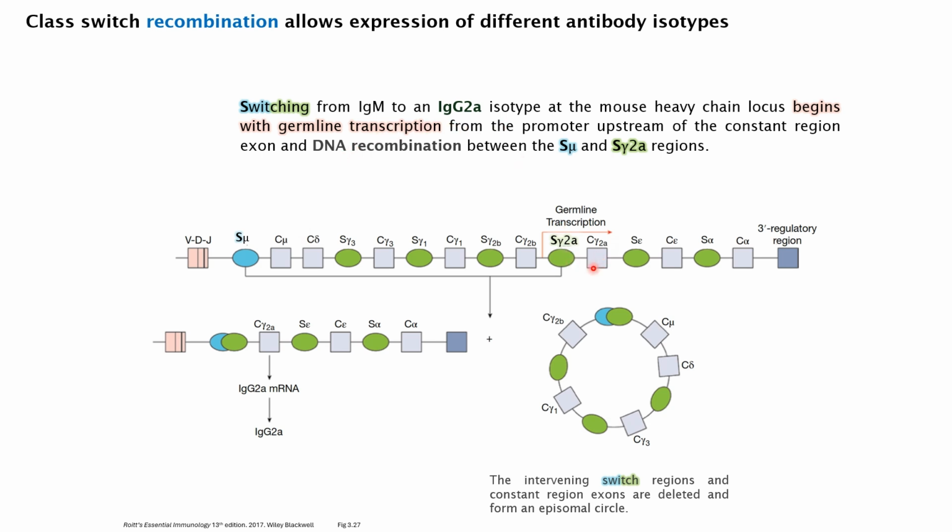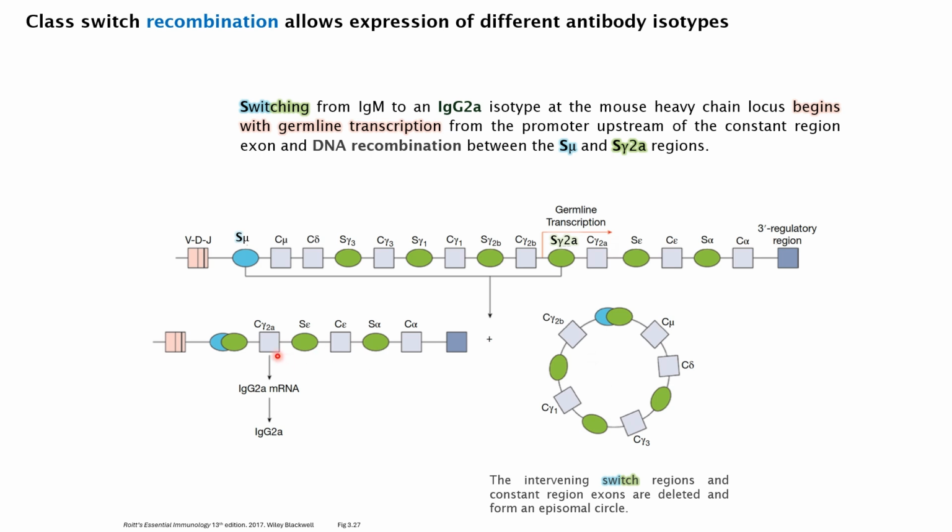So if this is the constant domain we want in order to have the effector functions of IgG2A, then the switching region here, which associates with that, will recombine with this in order to lose everything in between, which is down here. That's all going to get thrown away.